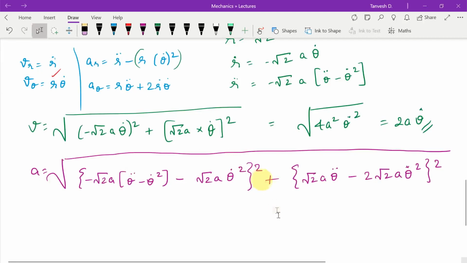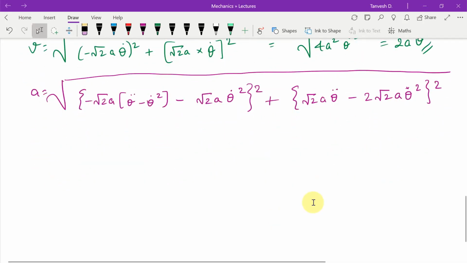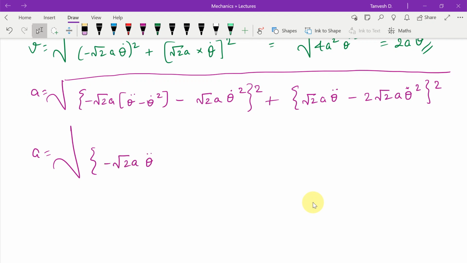You can simplify this further. So acceleration is under root of, this would be minus root 2a theta double dot, and this is plus root 2a theta dot square, and minus root 2a theta dot square would get cancelled out, right?